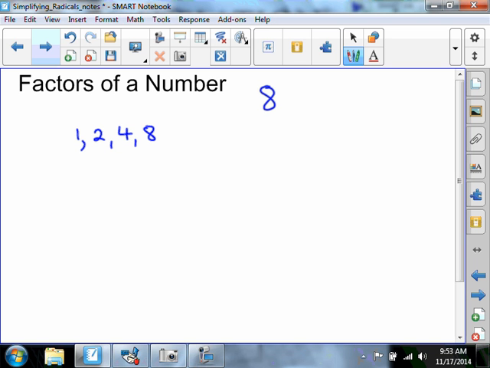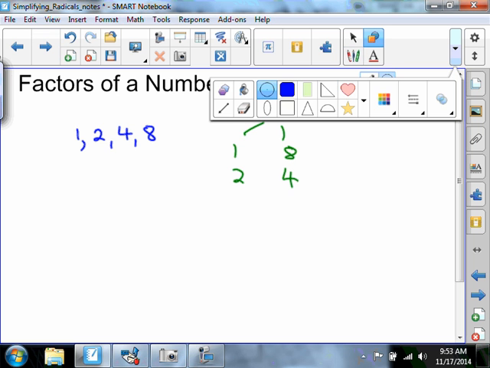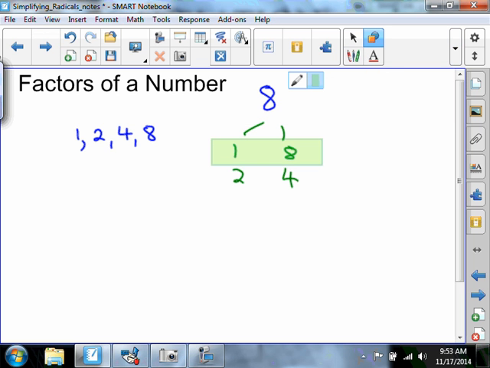But when we find factors of numbers, what we most commonly do is see if it's divisible by 1, yes it is. If it's divisible by 2, yes it is. And then we examine pairs of factors. We look at the 1 and 8 and we look at the 2 and 4. Okay, we did that when we factor, and we're going to do that when we simplify square roots.